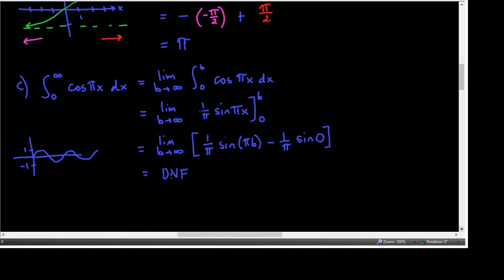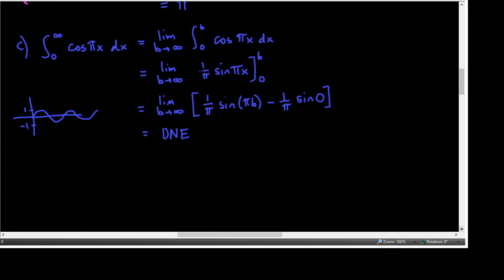It just flat doesn't exist. It's not infinity, it's not a number at all, it's not a numerical concept. The limit doesn't exist. And so what we conclude then about this problem is that this improper integral diverges.